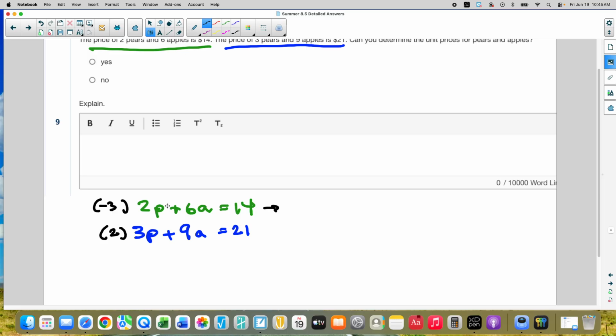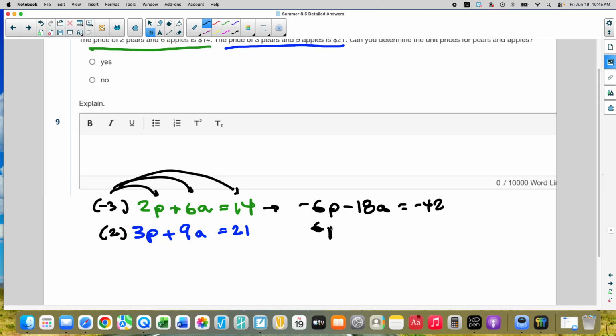So -3 times 2p is -6p minus 18a equals negative 42. Remember, we have to multiply by all three terms. And we're going to do this too.